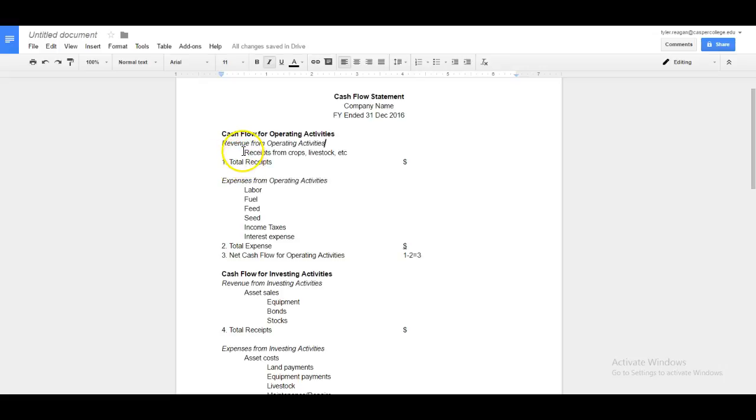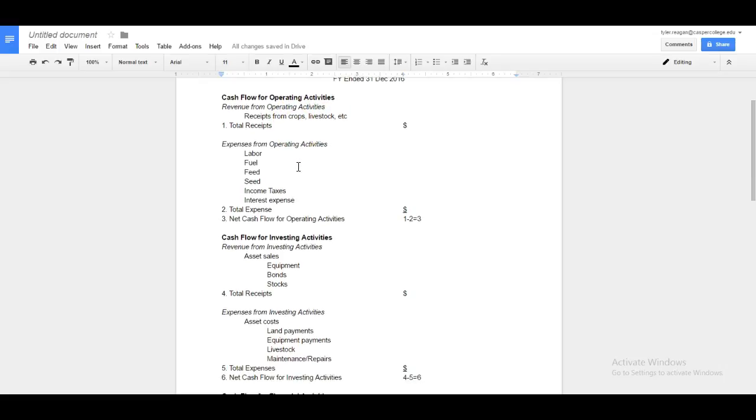You may have several lines, say a line for crops, a line for livestock, a line for another enterprise that you may be in, and then you add that all up to find out the total amount of money that you receive. What is the total amount of revenue that you received from selling products that you made? That's going to go right here. That's going to be the sum of all the receipts from crops, livestock, etc.